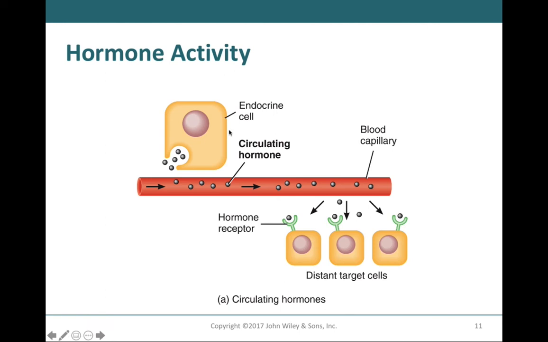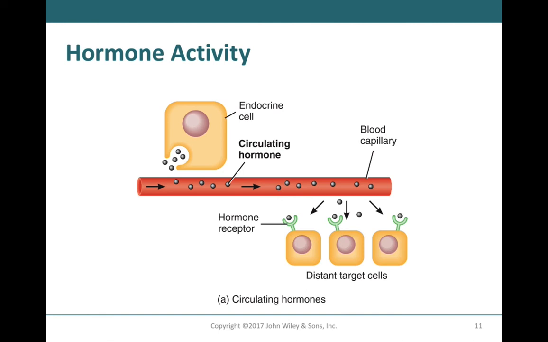The endocrine cell itself is going to have some type of secretory product that will be released into the interstitial fluid. Those particular hormones are going to diffuse into the bloodstream from the interstitial fluid and then be transported throughout the body through the blood vessels. Once these hormones reach their particular target cells, they will interact with their particular receptors and produce some effect in these target cells.